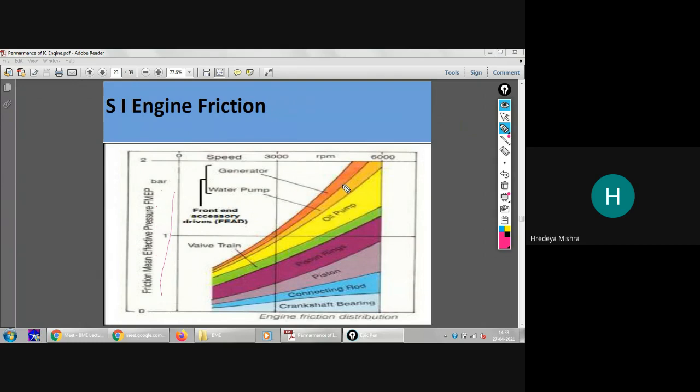What happens? See here, because of this pressure: generator, water pump, valve train, piston ring, piston, connecting rod, crankshaft bearing. 1, 2, 3, 4, 5, 6, 7.